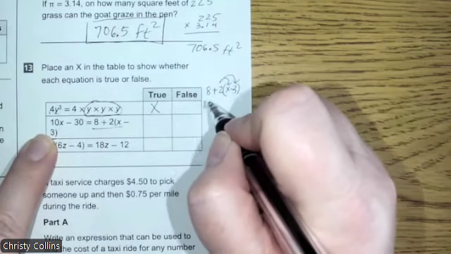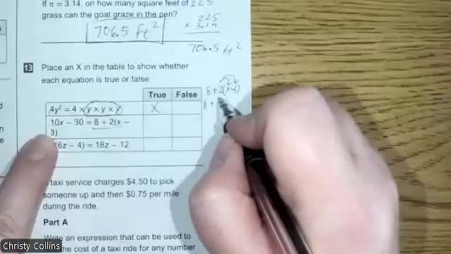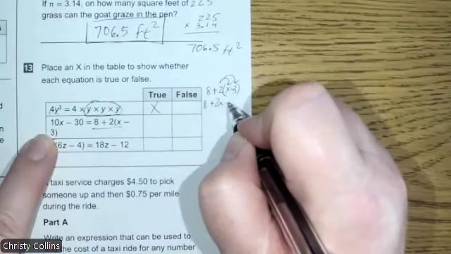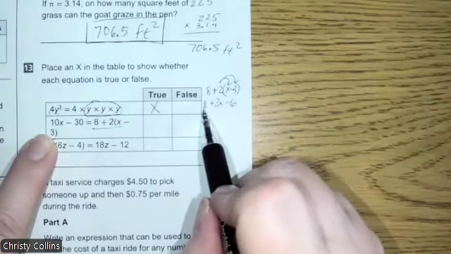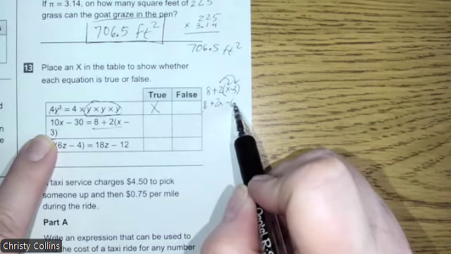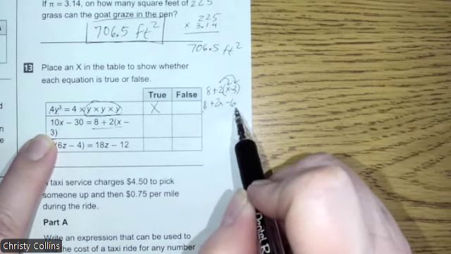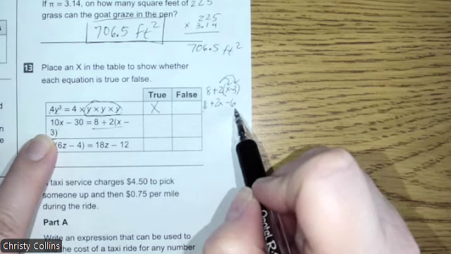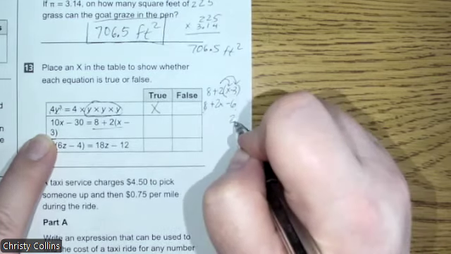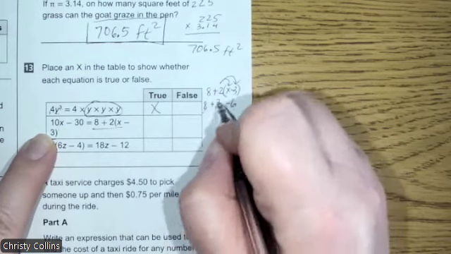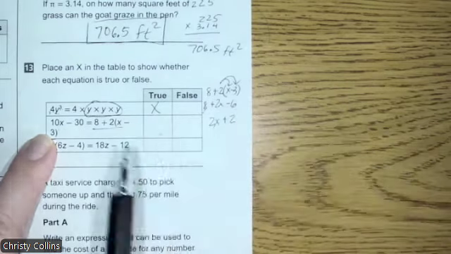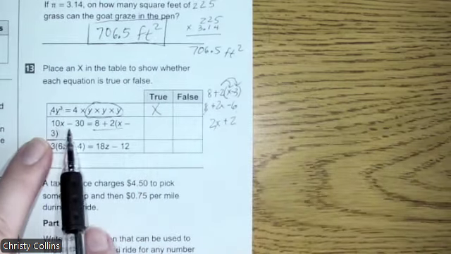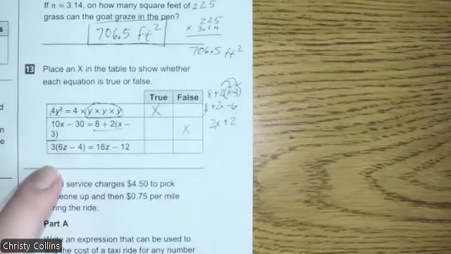Bring down the 8. 2 times x is 2x, and 2 times negative 3 is minus 6. Combining our like terms, 8 minus 6 is 2. Remember, we can only add numbers with other numbers. Bring down the 2x. So 2x plus 2 is not equal to 10x minus 30. These are not the same.